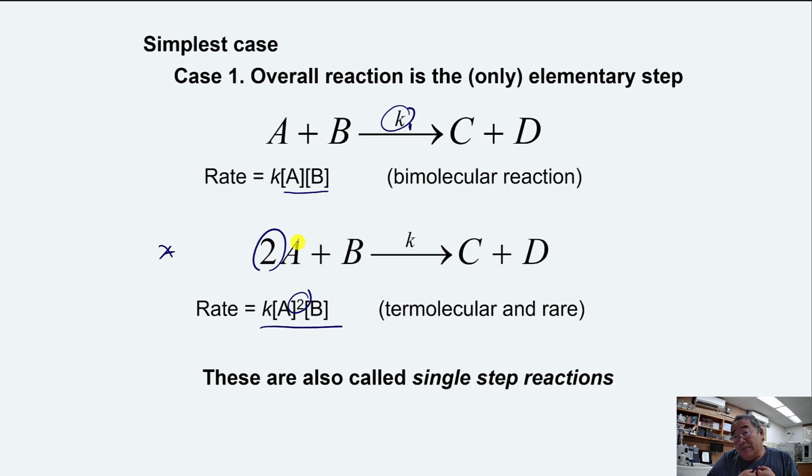Now, a termolecular reaction, that is the term we use for more than two atoms or molecules coming together in an elementary step, is very rare because three molecules have to get together at the right time, at the right orientation. So that's collide, at the correct orientation and with the correct energy.